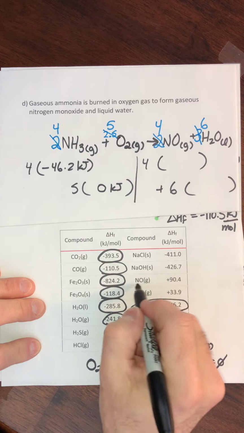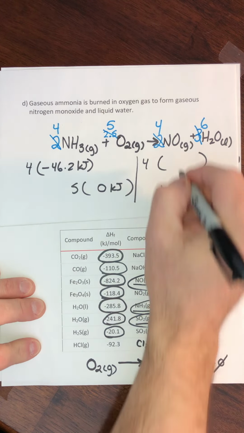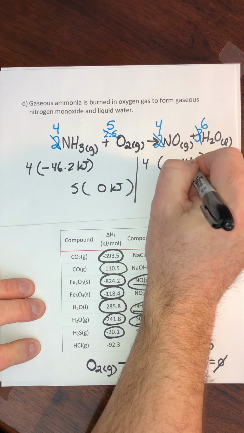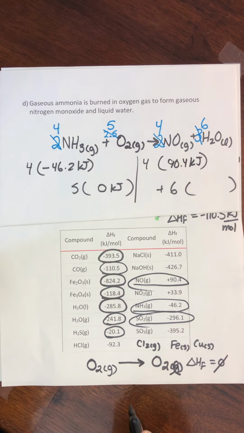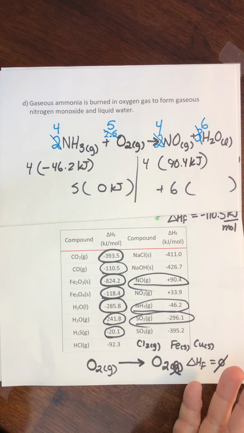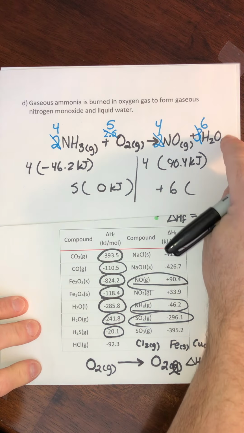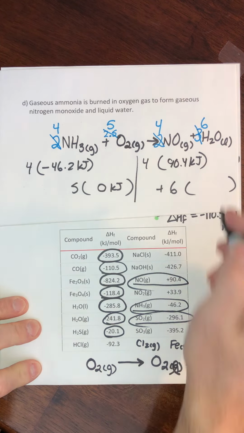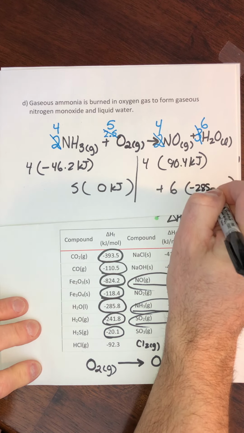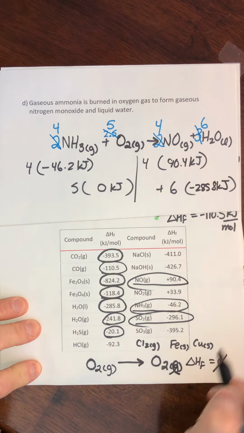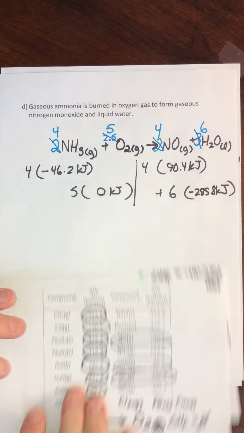Nitrogen monoxide gas is a positive 90.4. Now that is a little bit unusual because if you look at the table, practically everything is a negative number. There's very few positives, but that one's a positive. And the water liquid would be a minus 285.8 kilojoules. And again, be careful because there's often more than one water.